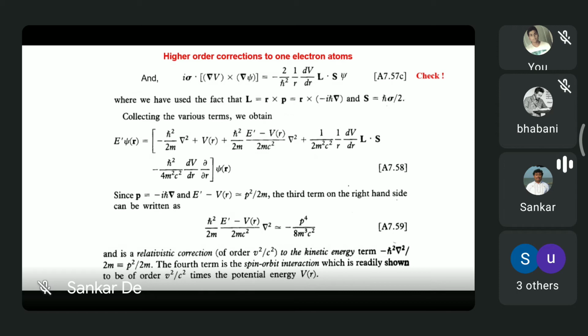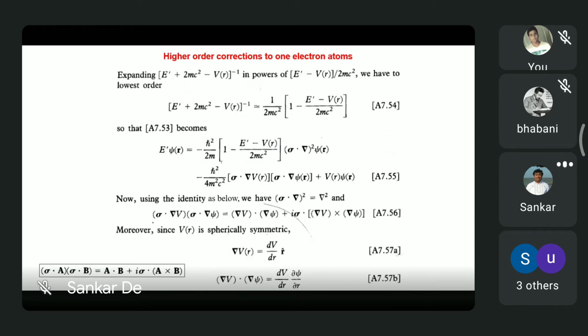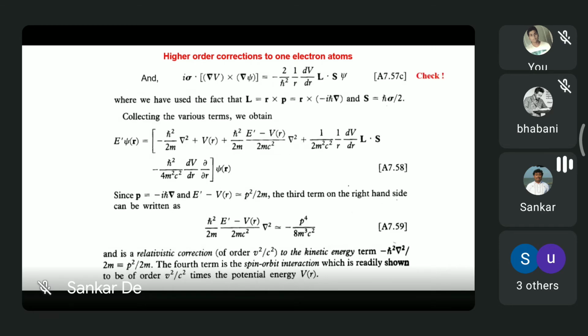So this is actually the first term, and for the second term of 7.56, we can write i sigma dot grad v cross grad psi is minus 2 by h bar square 1 by r dv by dr. And here you have a little tricky way.